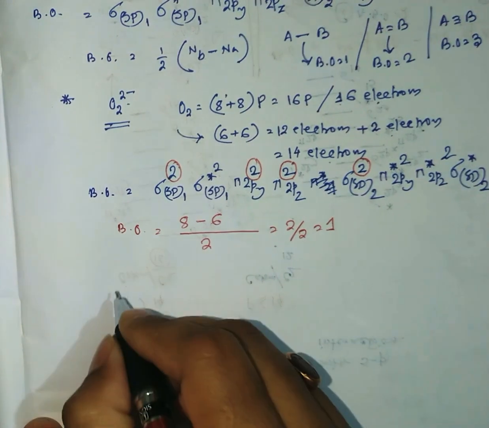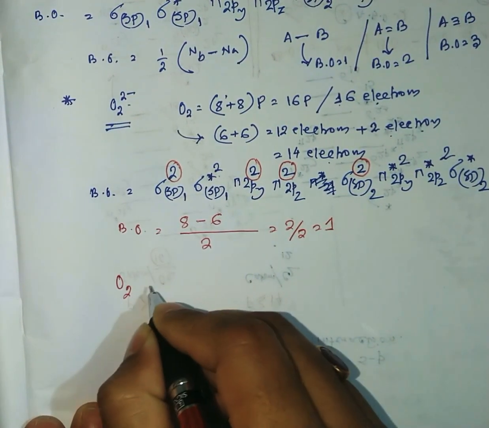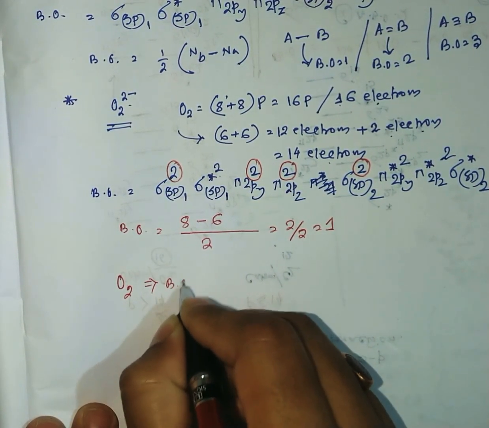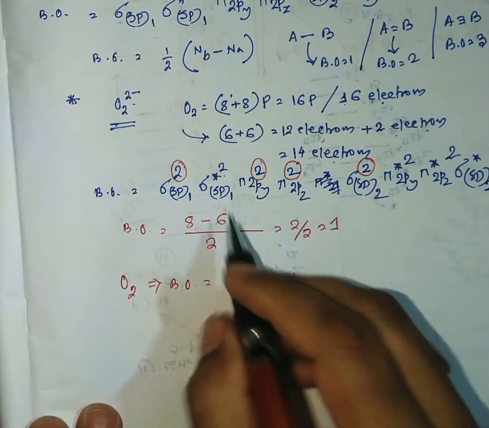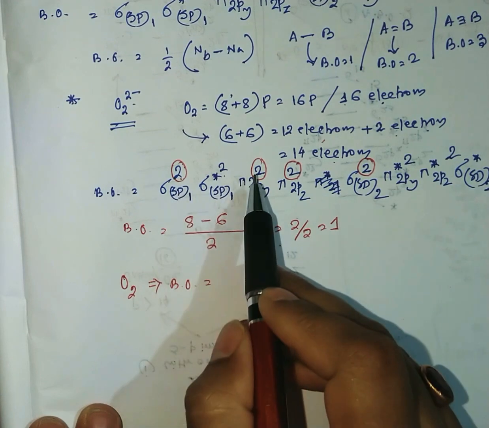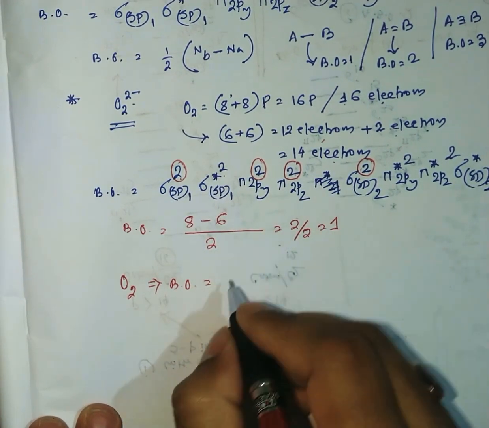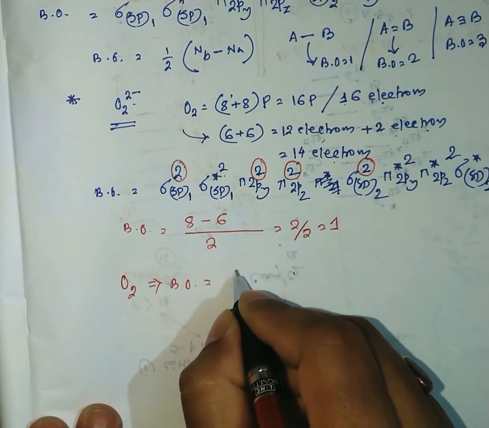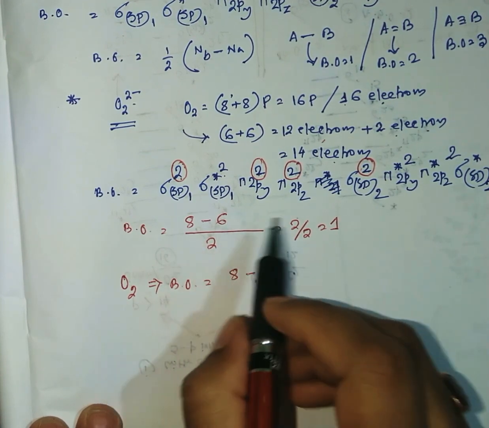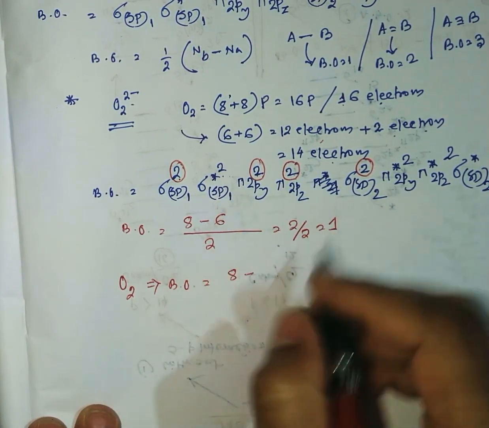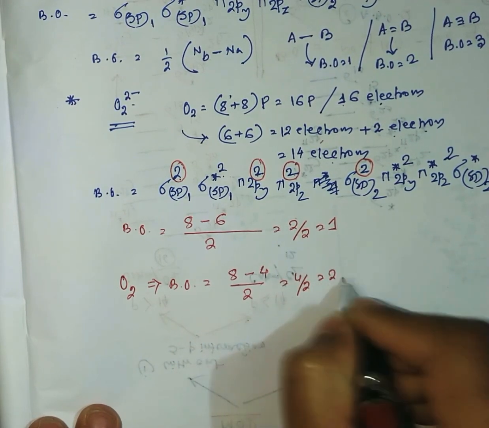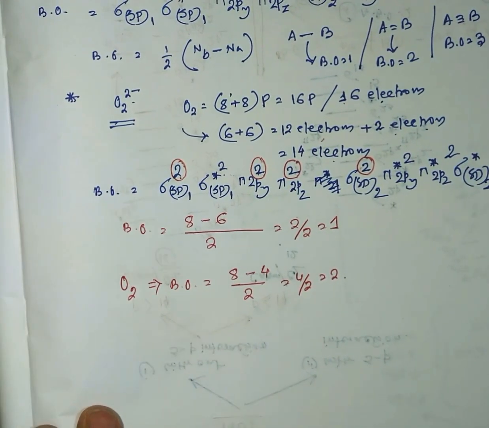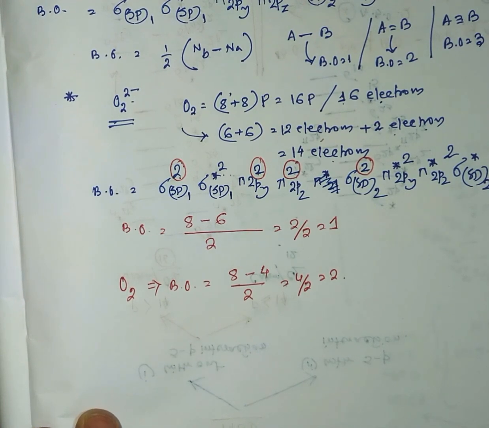But for the oxygen molecule, total 12 electrons. Number of bonding electrons 8 minus number of antibonding electrons 4, that is 4 by 2, equals 2. So O2 2 minus bond order is 1, O2 bond order is 2.